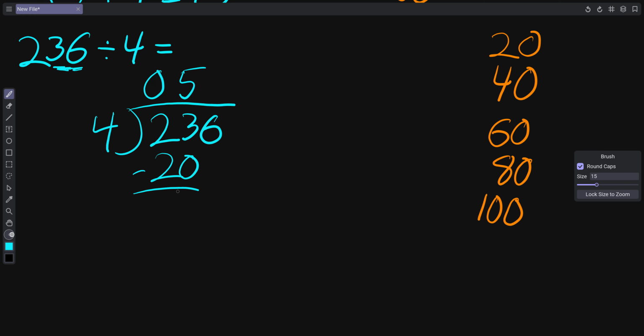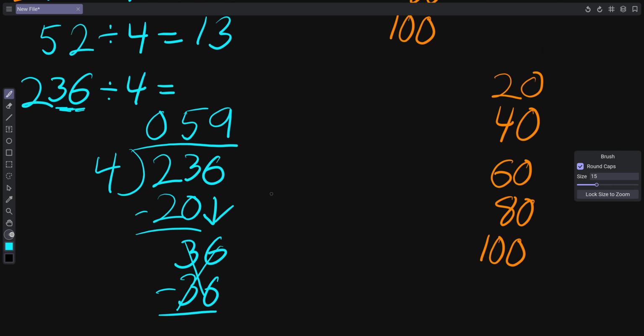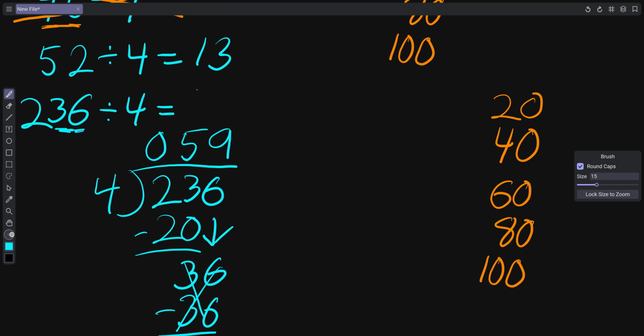We subtract 20 from 23. We are left with 3. And we drop a 6. 4 can go into 36 9 times. And 9 times 4 equals 36. These cancel. And we are left with 59 as our final answer.